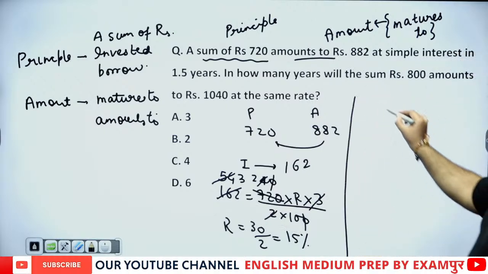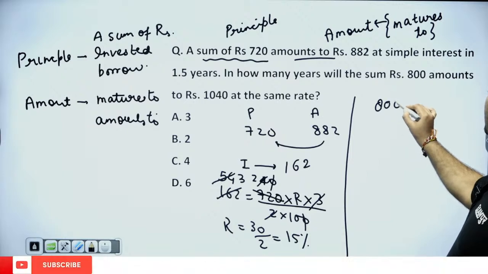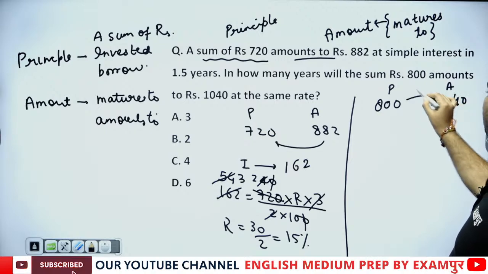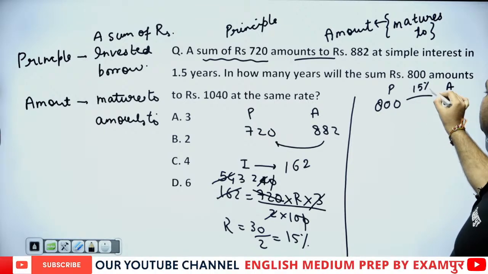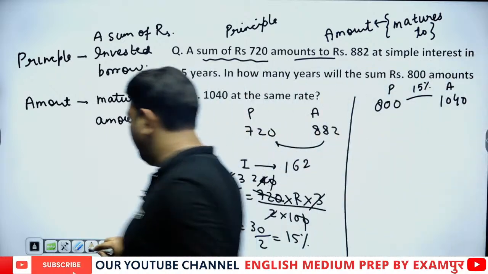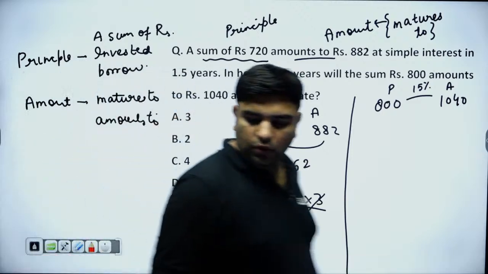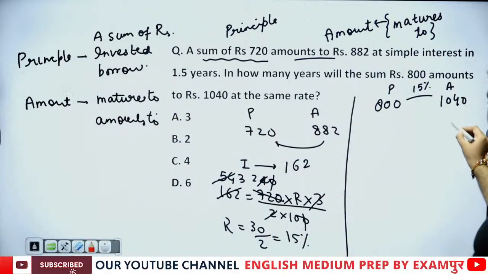In how many years will a principal of 800 become an amount of 1040 with the rate of 15%? So what is the interest?